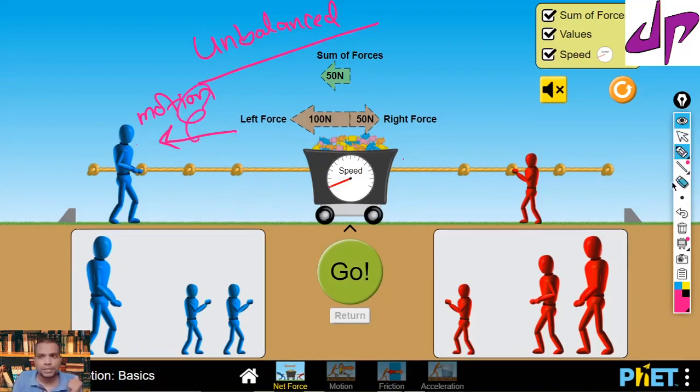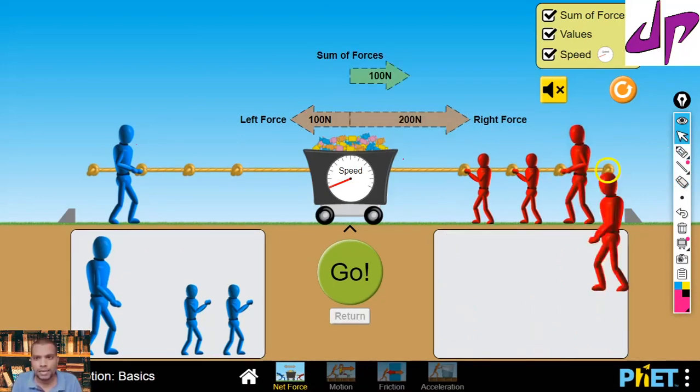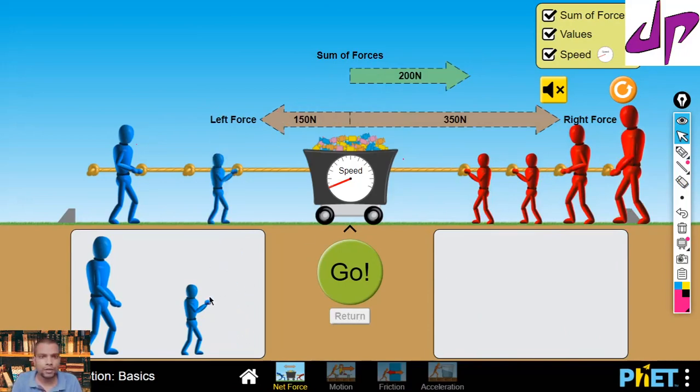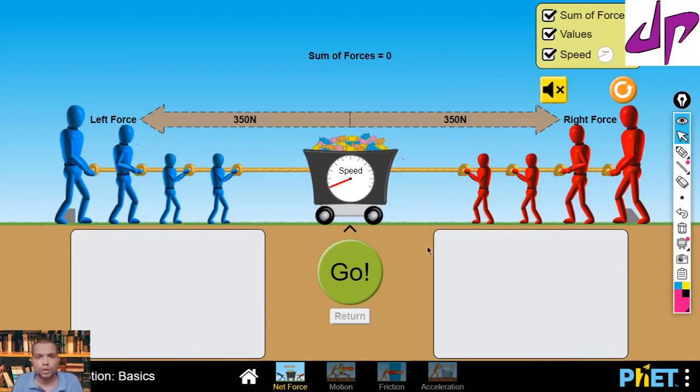Now let me take one more example for the balanced force. This time I will take the full team. I will take the full team on the left side and the full team on the right side. On the left, the blue team will apply a force of around 350 Newton, all together.